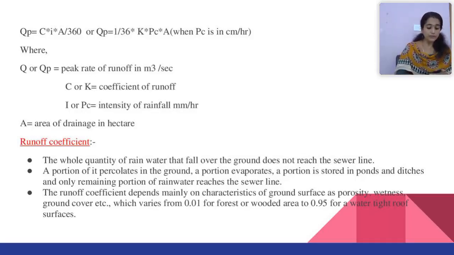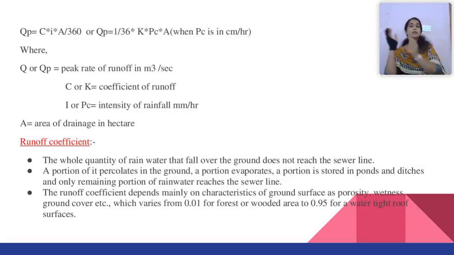And the runoff coefficient depends mainly on characteristics of the ground surface such as porosity, wetness, ground cover, etc., which varies from 0.01 for forest or wooded area to 0.95 for a watertight roof surface.